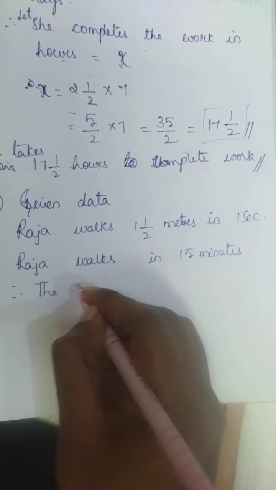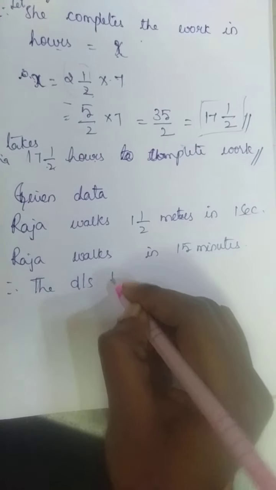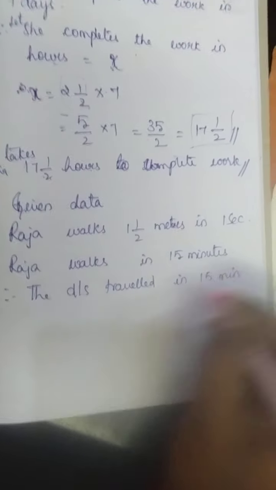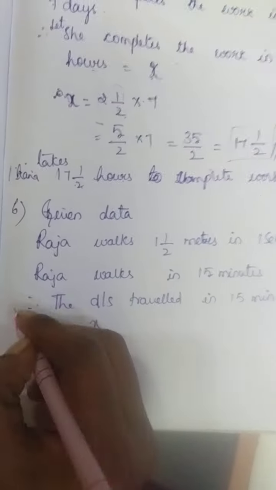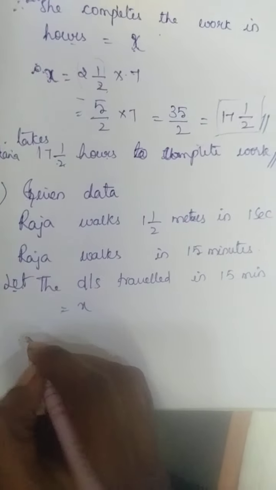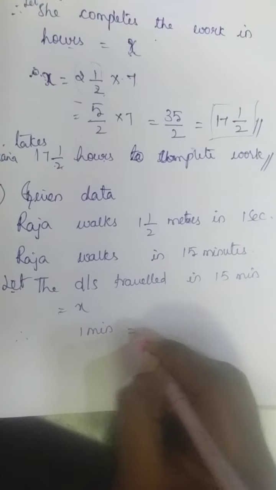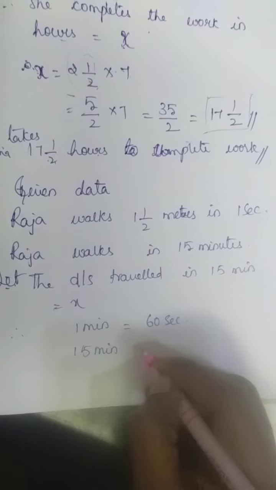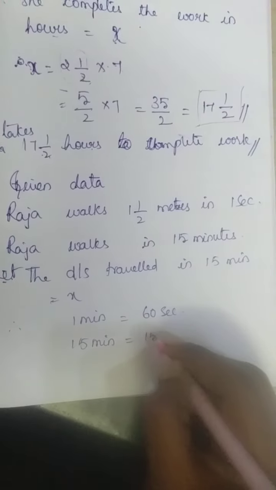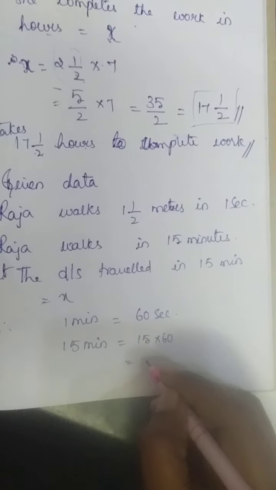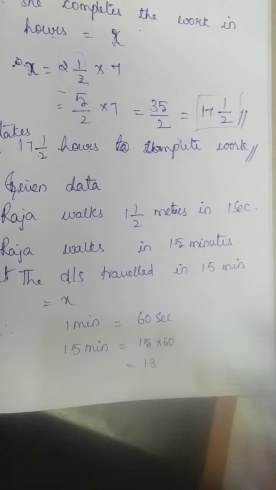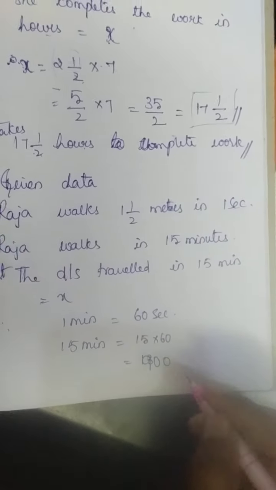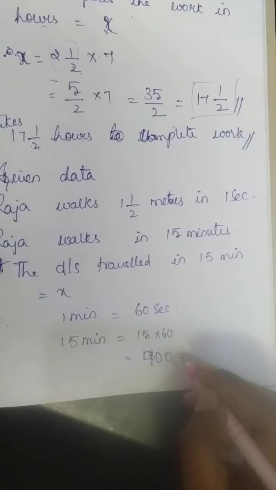Therefore, write down the distance traveled in 15 minutes equal to x. Take it as the letter x. Now 1 minute is equal to how many seconds? 60 seconds. Total 15 minutes equals 15 into 60. 15 6s are 90, sorry, 900, total 900 seconds.